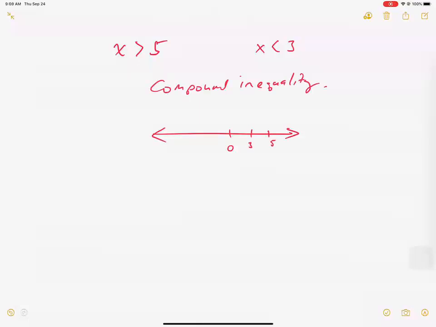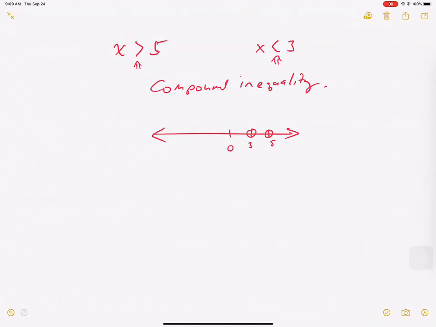5 and 3. Then what type of inequality is this? Is this an equal or non-equal one? These are both non-equals. So we draw holes on them. Okay, they're empty. Now the following question is, to graph this, what would I have to shade in?